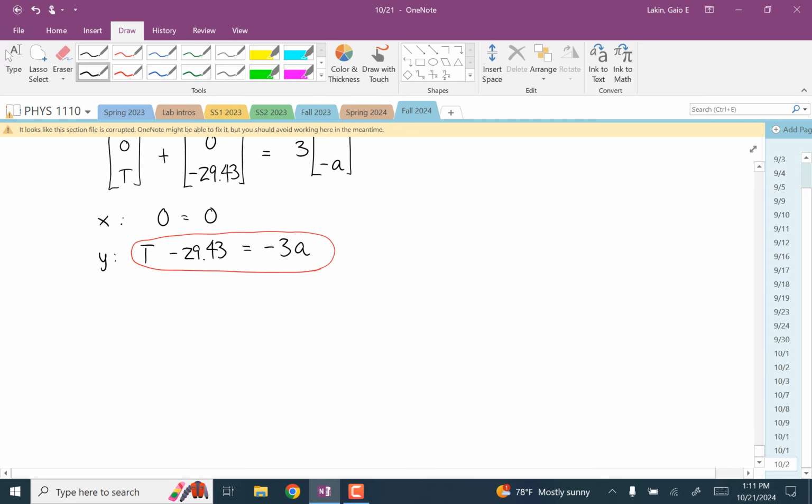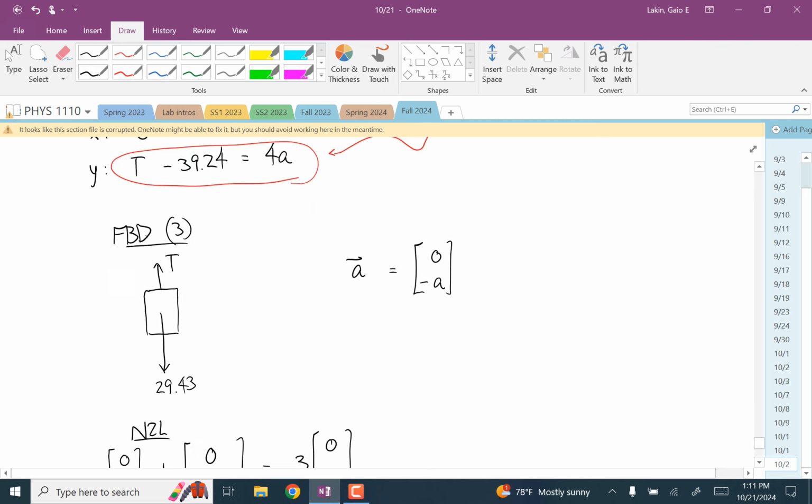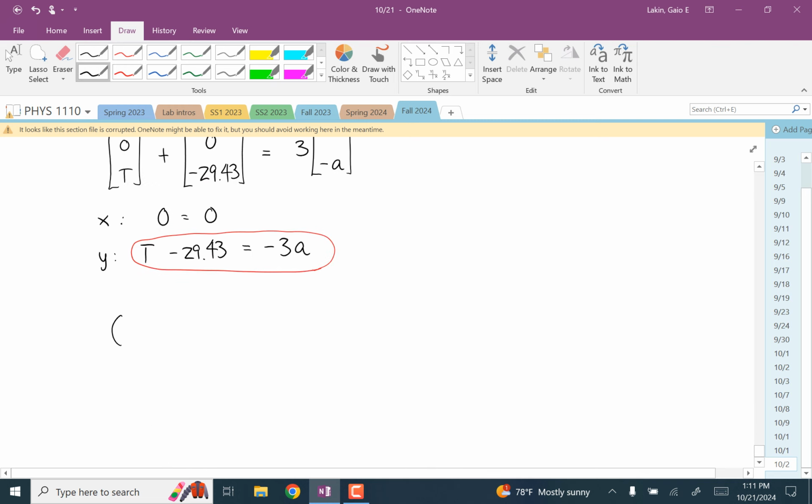So we got 4a plus 39.24 minus 29.43 is equal to negative 3a.